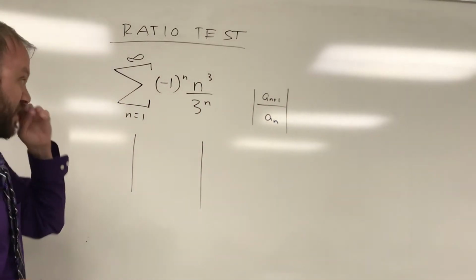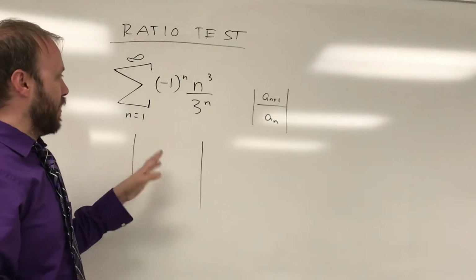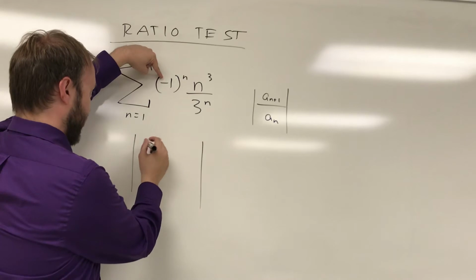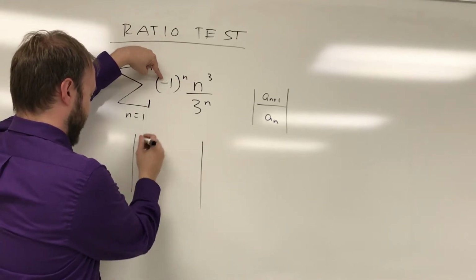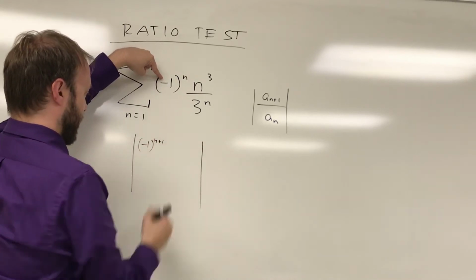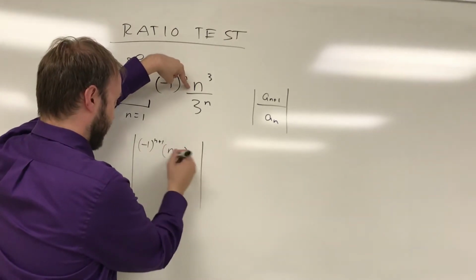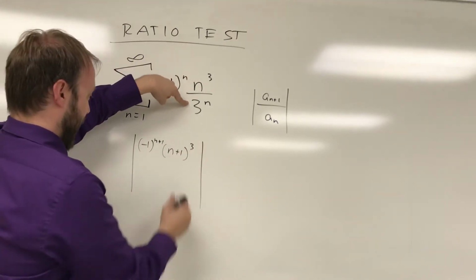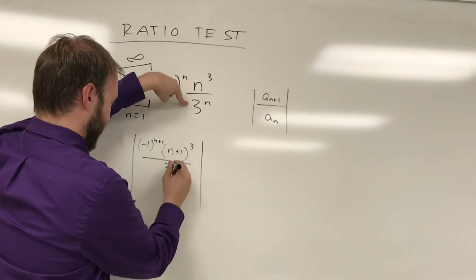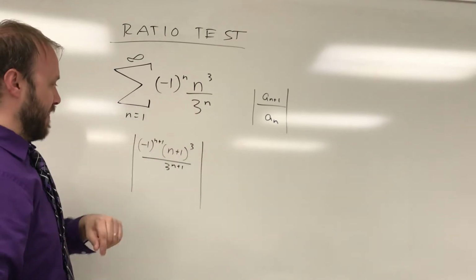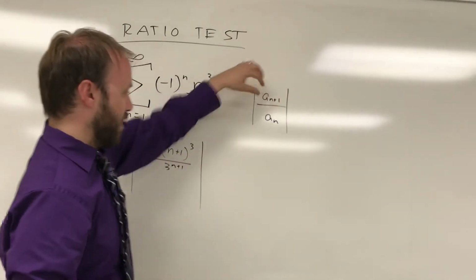So you're substituting in n plus 1 for each of these positions. So you're taking -1 to the n plus 1, n becomes n plus 1 cubed, and that's over 3 to the n plus 1. So we're substituting n plus 1 in for each of the n values there. That's my top term.